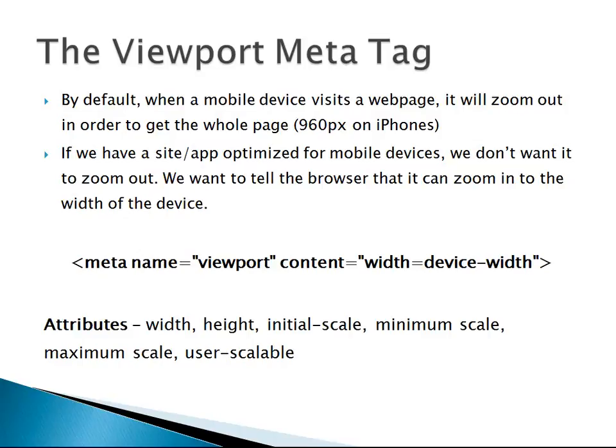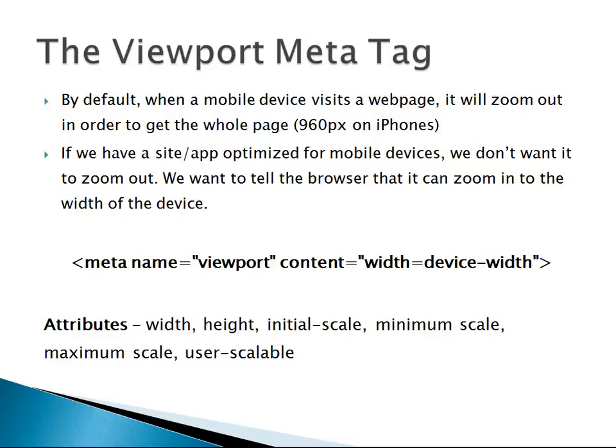Typically on most phones they'll zoom out to 960 pixels. But if we have a site that's optimized for mobile devices, we don't want it to zoom out, because obviously it was made for a mobile device, so it's made for that small screen.